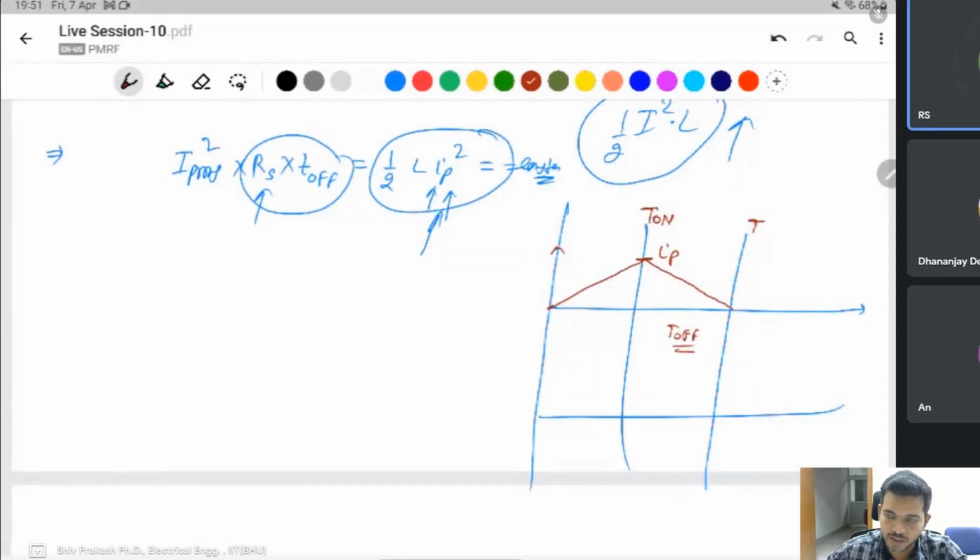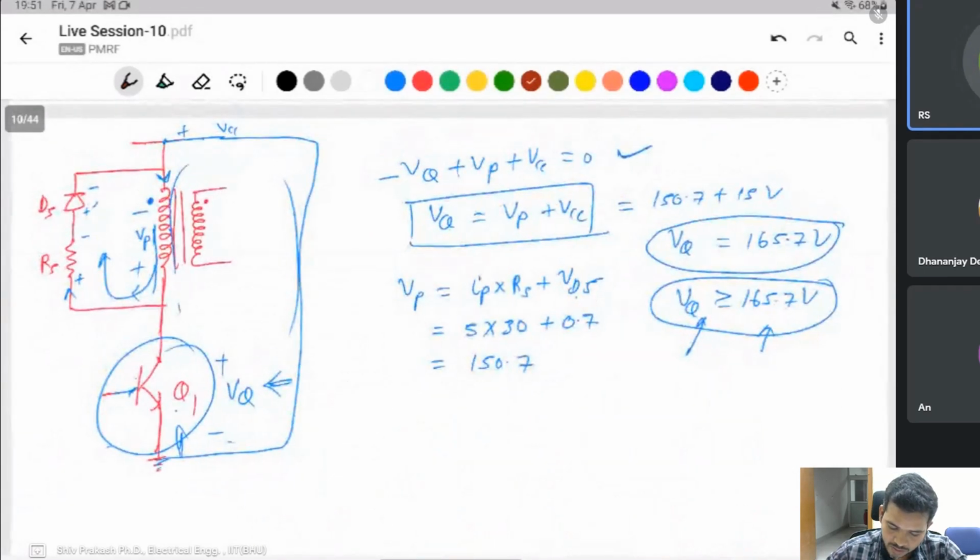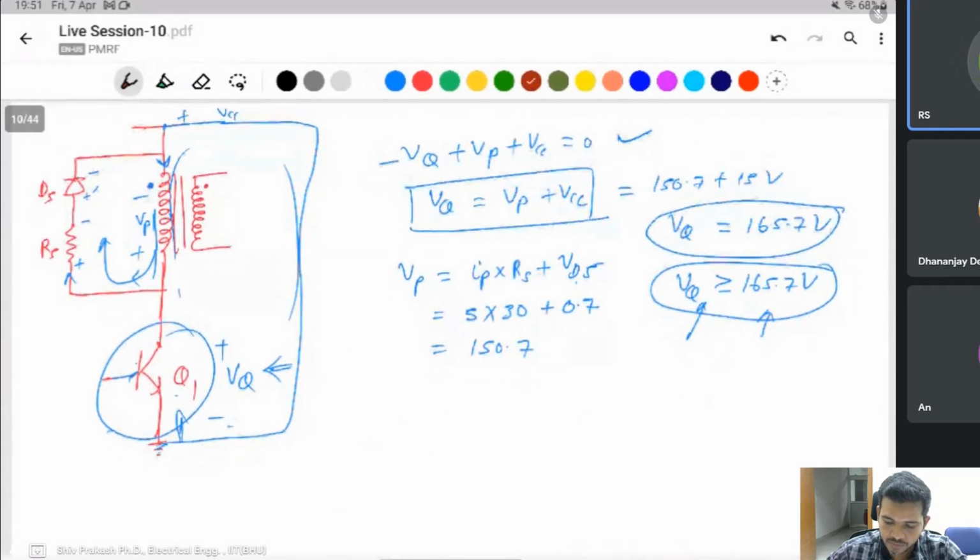Sir, in the last question we were discussing the voltage that the switch can block. Does the blocking capacity of the switch depend on the duty ratio? Actually it depends on the current storing energy, the current flowing through this.